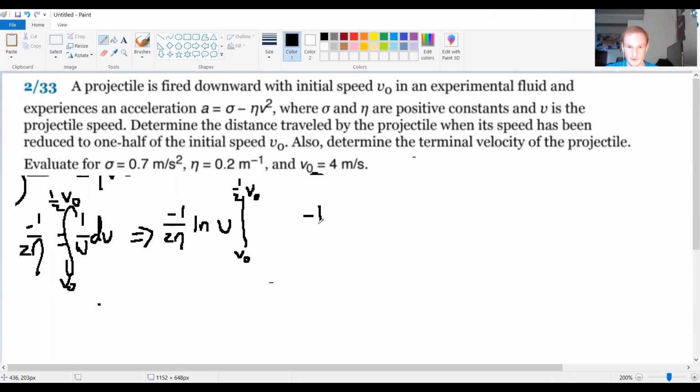So we have negative 1 over 2n ln of the u term, which when we took it out, we made it equal to sigma minus n v squared. And that is all from v naught to 1/2 v naught.